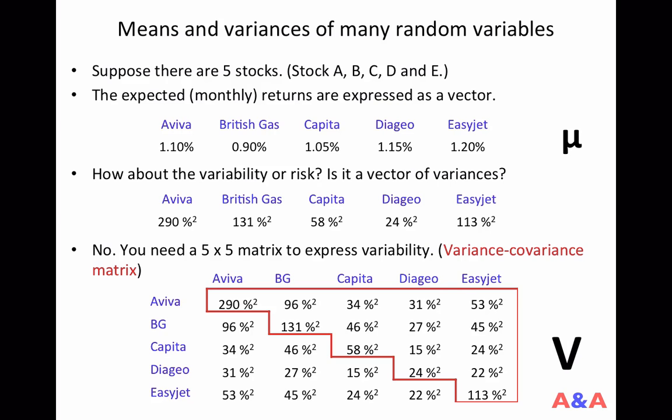Like expectations, variances and covariances are also something that people can estimate. So you can ask analysts or portfolio managers, and they will tell you variances and covariances for you. If it's something else, such as weather or temperature of, let's say, Birmingham and Manchester and York, then you can ask a weather forecast company, and they will tell you expectations and variances and covariances of tomorrow's temperature.